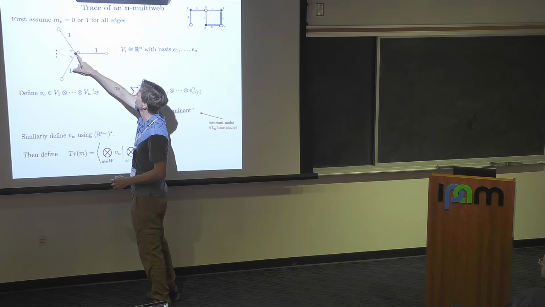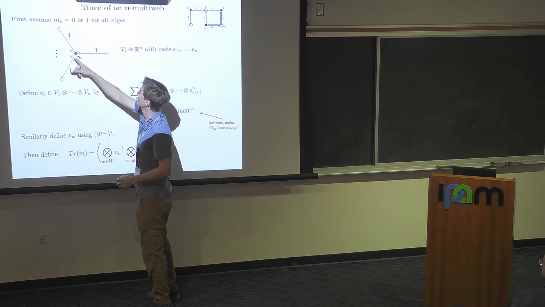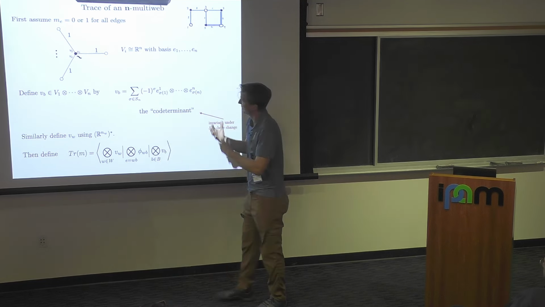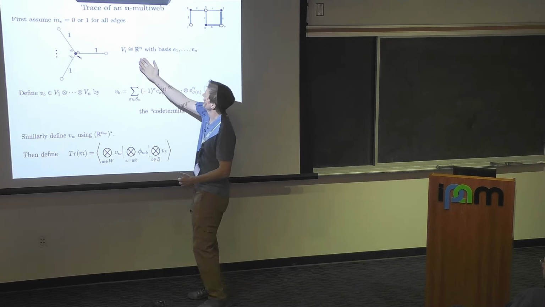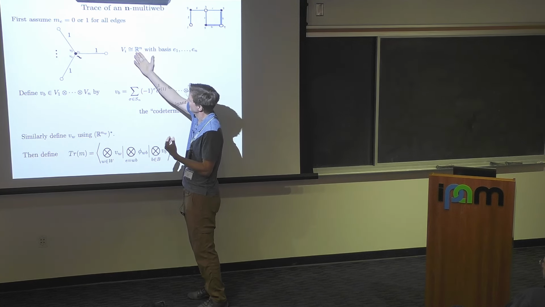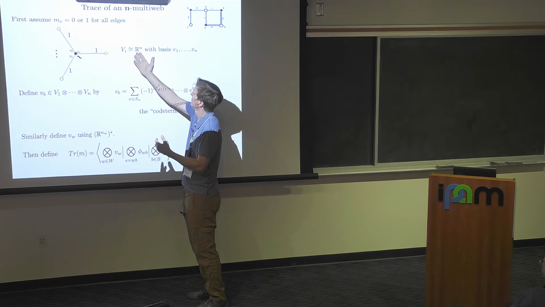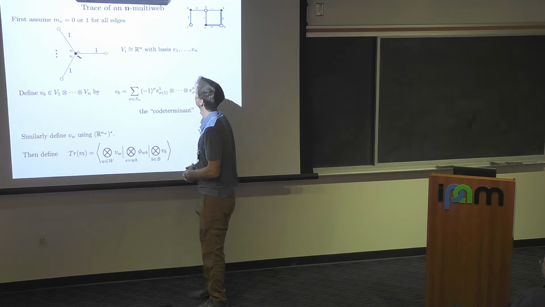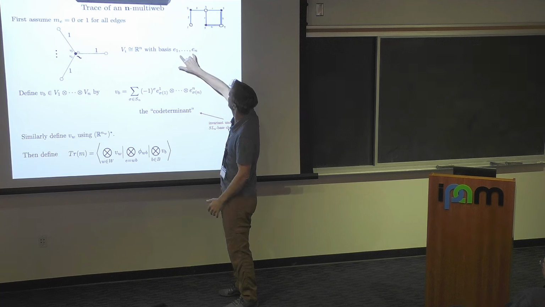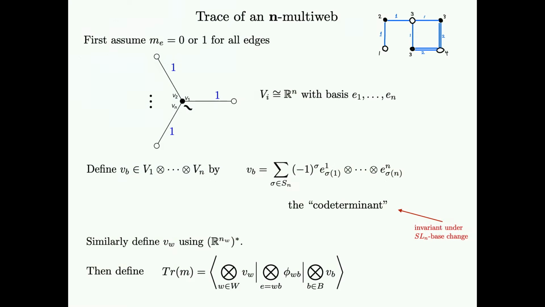I'm going to put a copy of it, v1, v2, and so on, on each half edge around that vertex. So I have a bunch of different vector spaces, copies of R^n. Let's fix a standard basis for R^n, e1 through en. Sorry, there are a lot of n's here, but now I've got n different n-dimensional vector spaces.